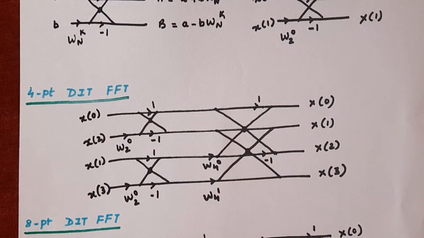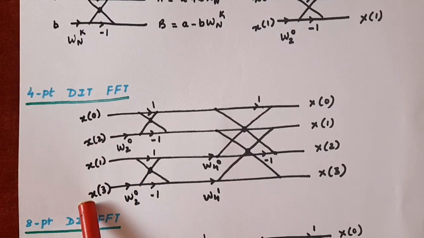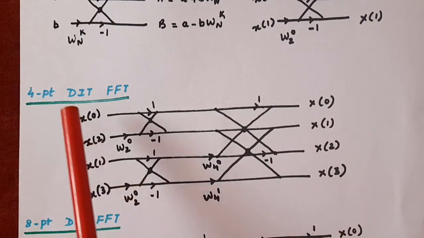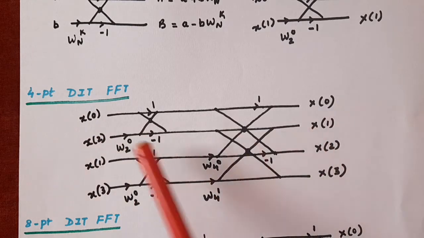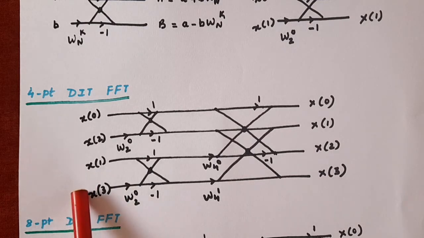First draw 4 lines. In DIT, the input is in bit reversal order and output is in the natural order. 4-point DIT means we are having 4 inputs and 4 outputs. In the previous class we have seen the bit reversal table for 4-point.